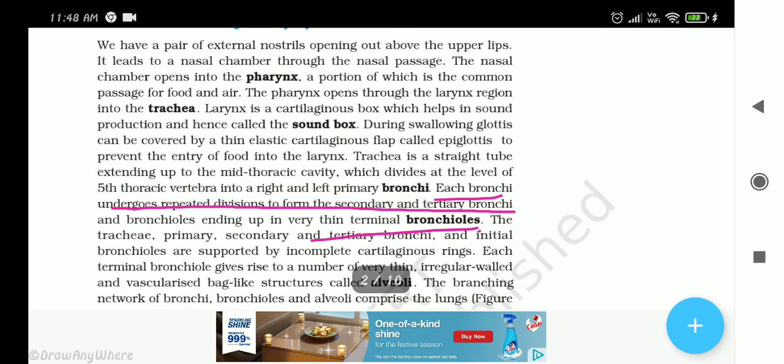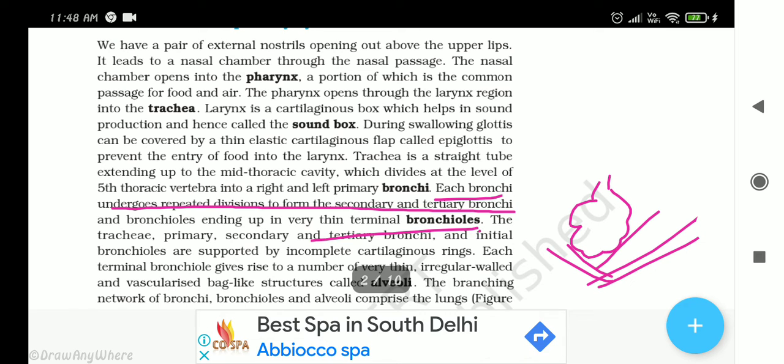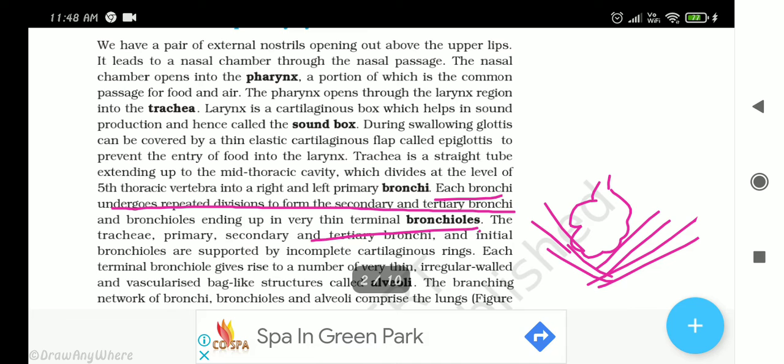Alveoli are very important, as the air we inhale gets diffused into our blood through the alveoli. It diffuses because the alveoli are very irregular-walled vascularized bags surrounded by a large number of blood capillaries, so the air gets diffused into the blood capillaries.